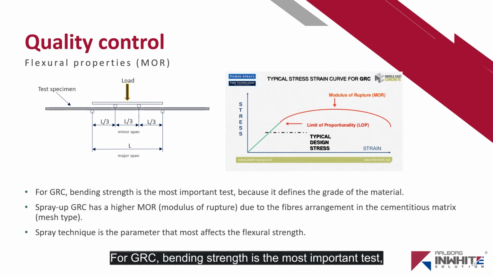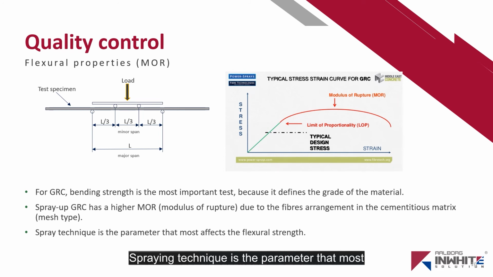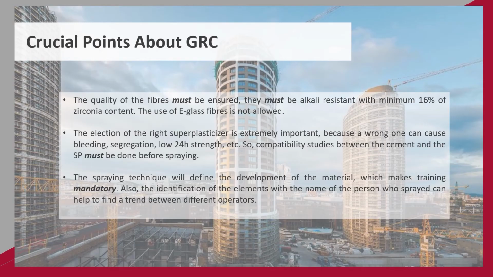For GRC, bending strength is the most important test because it defines the grade of the material. Spray-up GRC has a higher MOR, modulus of rupture, due to the fibrous arrangement in the cementitious matrix, which must be mesh type. Spraying technique is the parameter that most affects the flexural strength.